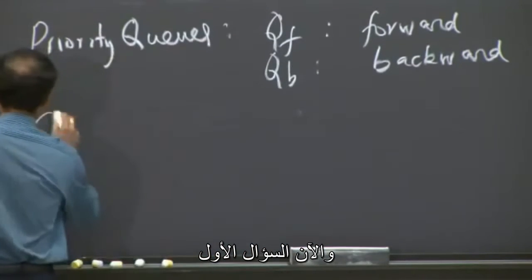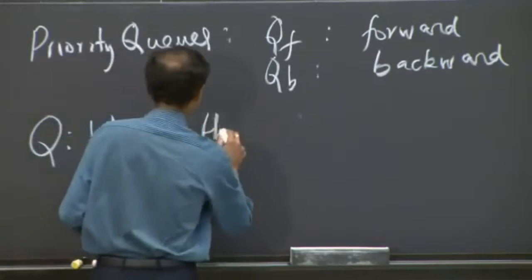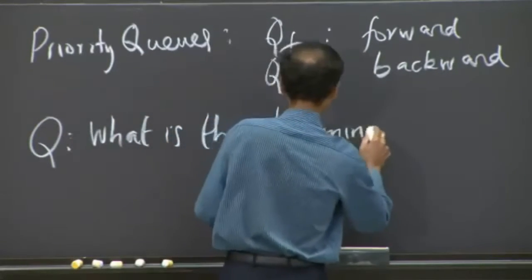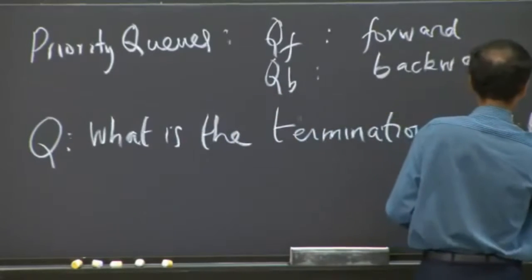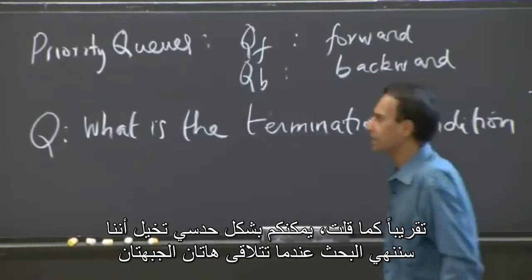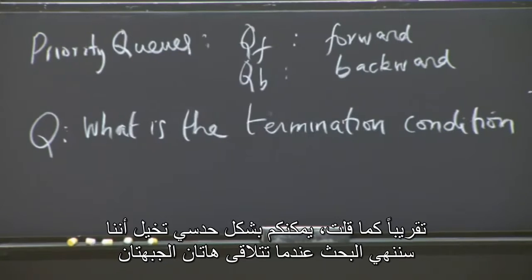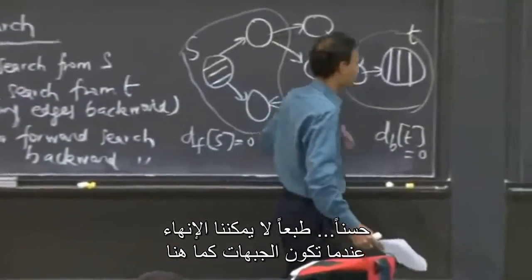Now, first question. Roughly speaking, as I said, you can imagine intuitively that you're going to terminate the search when these frontiers meet. Clearly, you can't terminate it when these frontiers look like this.